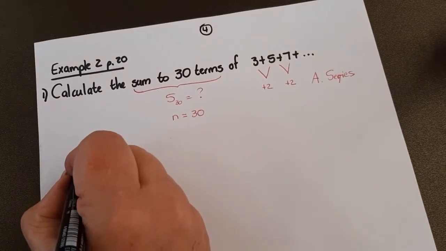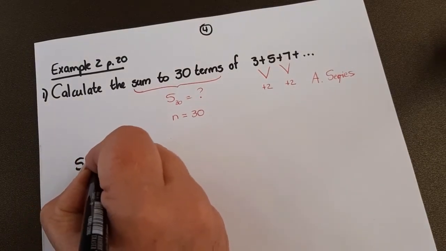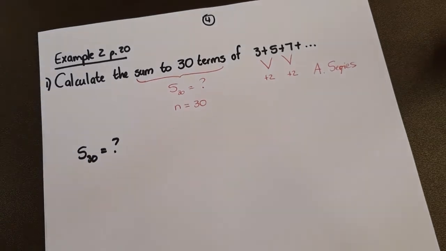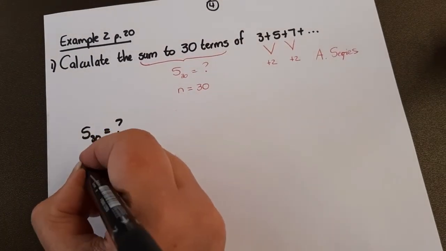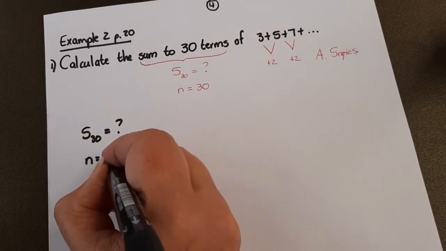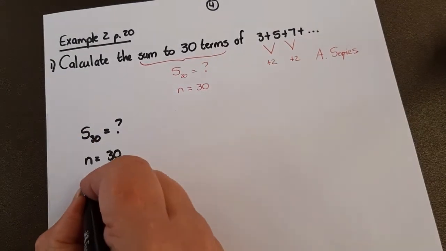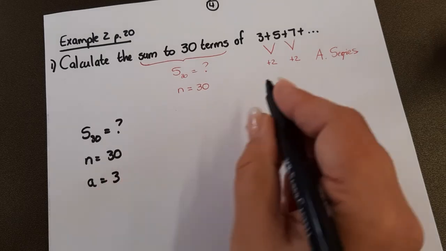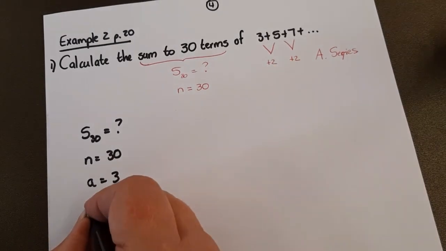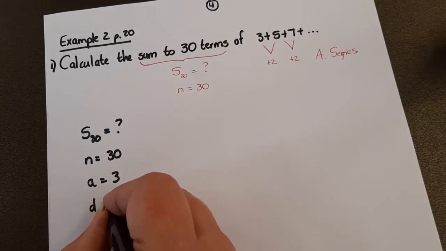We know that S of 30 must be calculated. Because n is 30, we can substitute n with 30. Our first term is 3, so a is 3, and our constant difference is 2. So d equals 2.